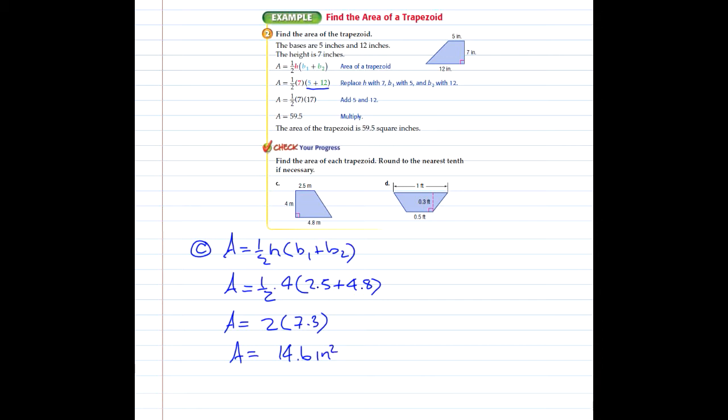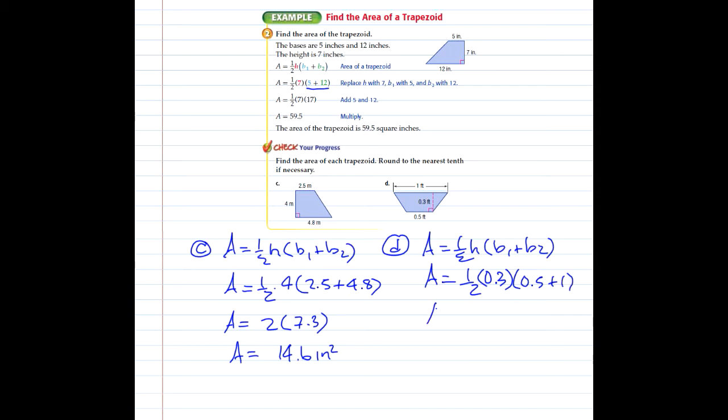Example D. Area equals 1/2 times the height times B1 plus B2. My area equals 1/2 times my height, which is 0.3, times B1, which is 0.5, plus 1, which is B2.